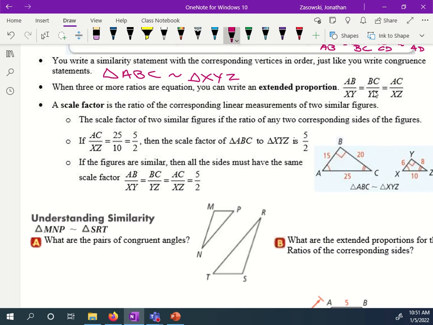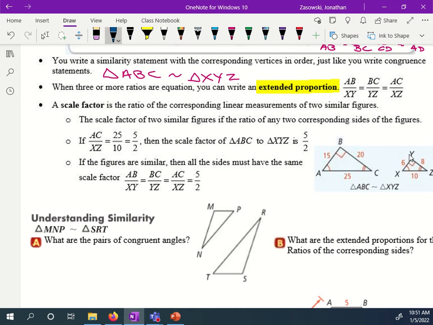And that tells us that if I make what's called an extended proportion, a ratio using the sides, AB over XY, BC over YZ, AC over XZ, it's equal to the same number. They're always equal to the same thing. So AC over XZ, AC is 25 over 10, is equal to 5 over 2, which is 2.5.